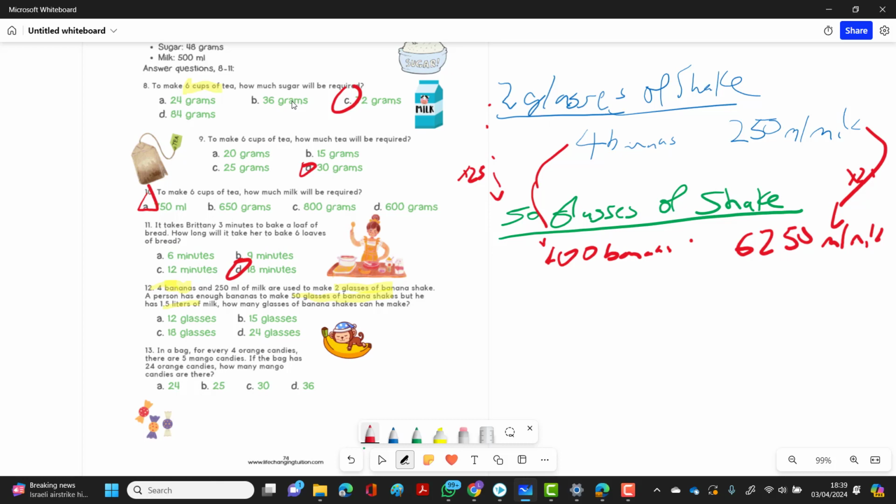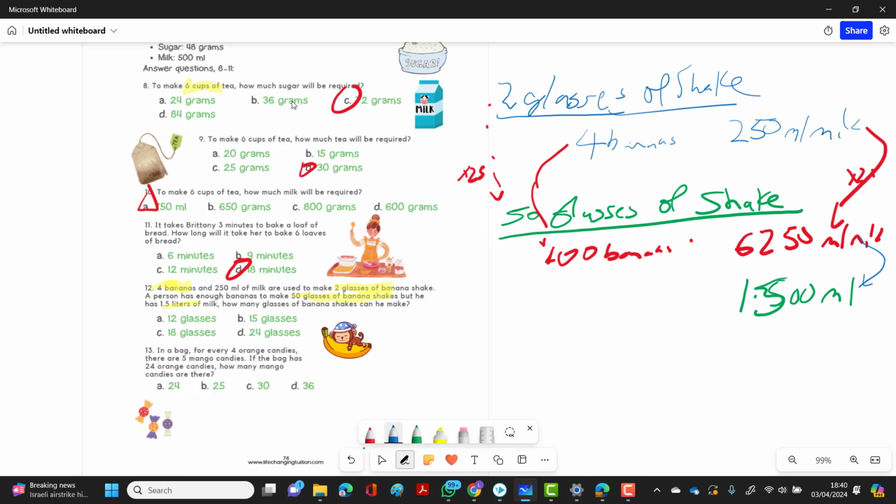That is about 6 liters of milk. But it says here he only has 1.5 liters, so we've got to change this to 1,500. Now to get from here to here, 6250 divided by 1500.